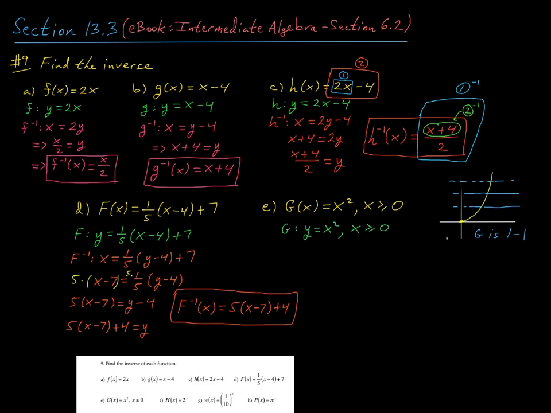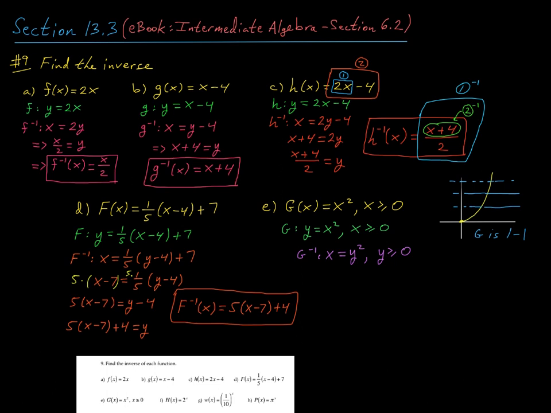So then for the inverse, well, for that we want to reverse x and y, so it's going to give us x is y squared, and now this constraint that x is greater than or equal to 0 is going to become the constraint y is greater than or equal to 0. Okay, great.